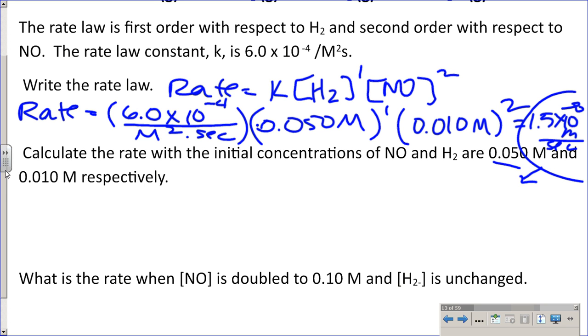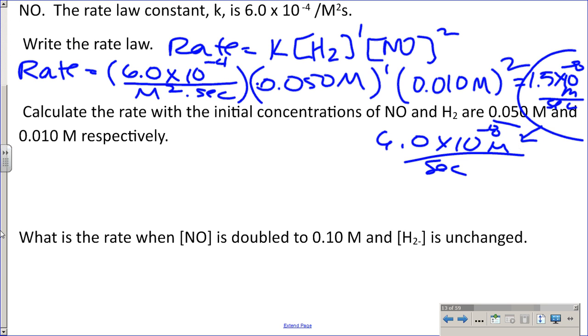So it should be what? 15 times 4? 60. 6.0 times 10 to the negative 8. It is still negative 8. Yeah. Molarity per second. So you don't even have to recalculate. You just have to think about how the rates are related.